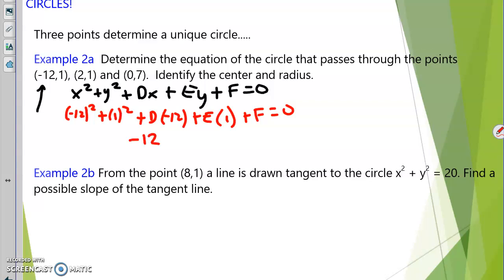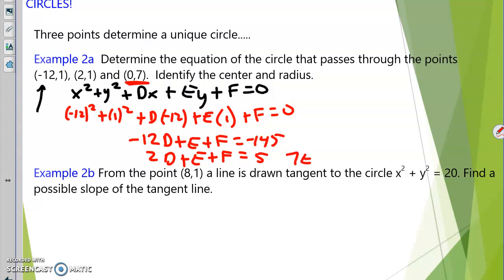I get -12D plus E plus F equals -145. If I do the same with the other 2 points, I come up with equations 2D plus E plus F equals 5. And the third point, 0, 7, I'm going to end up with the equation 7E plus F equals -49.